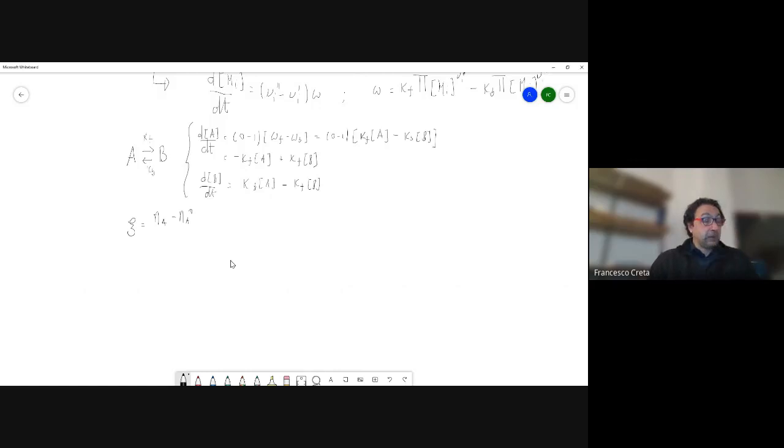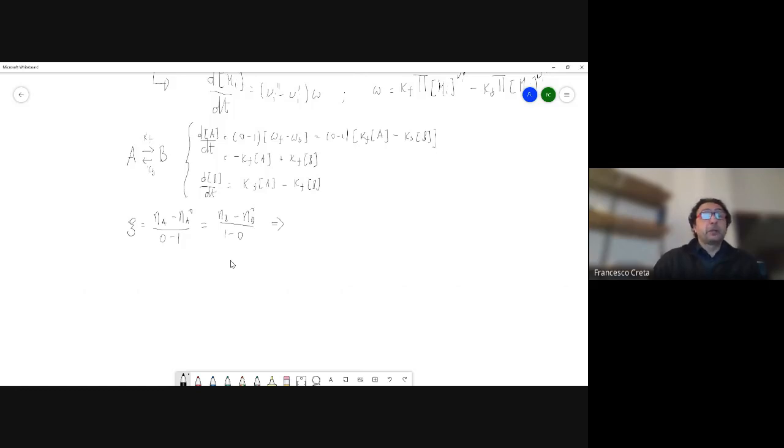It's the number of moles of A minus the initial number of moles divided by 0 minus 1, and that's equal to the number of moles of B minus the initial number of moles of B divided by 1 minus 0. If we divide by the volume, the number of moles divided by the volume will be equal to the molar concentration.